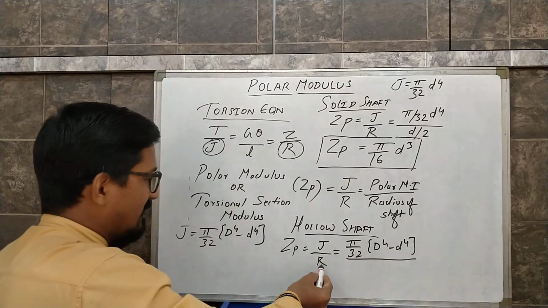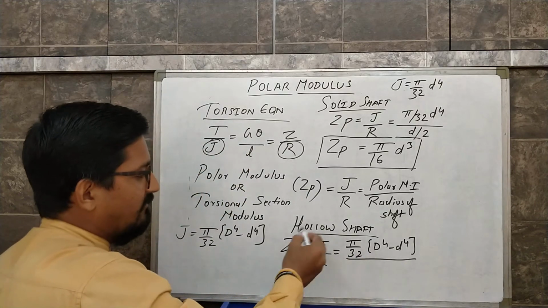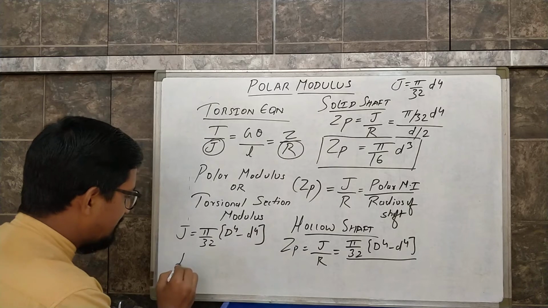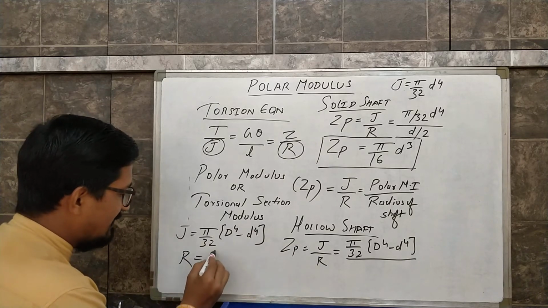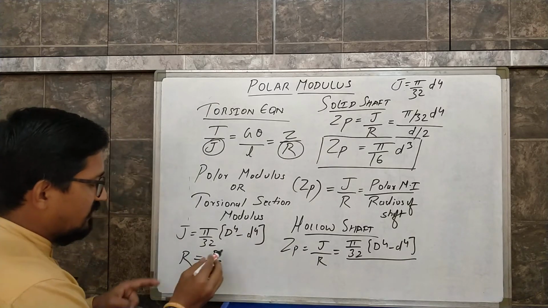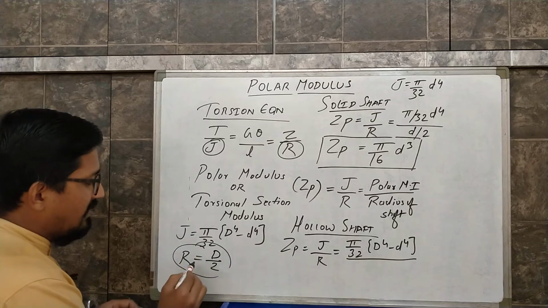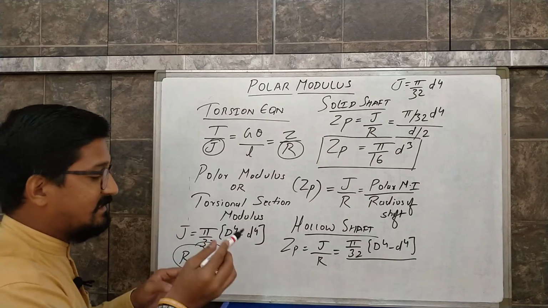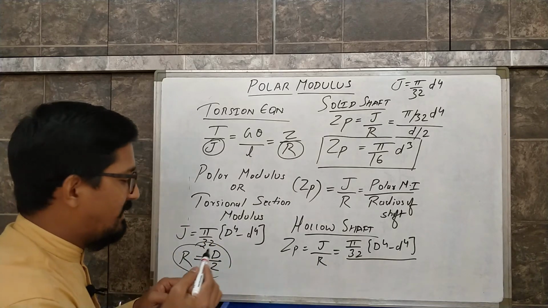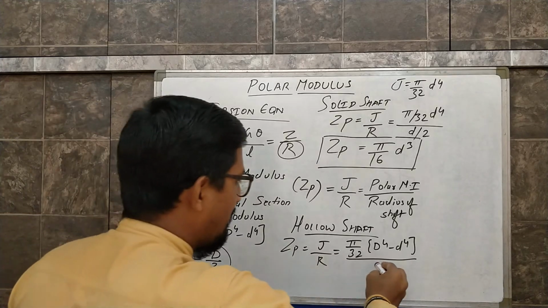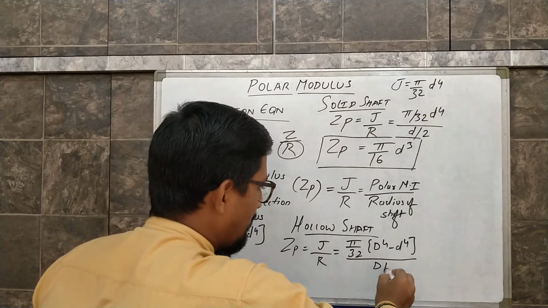Now this radius we have to take in terms of diameter. So here radius for hollow we will take as external diameter by 2. So this is important, which you have to note. The radius which we have to take is the external diameter by 2, not the internal diameter divided by 2. So it will be capital D by 2.